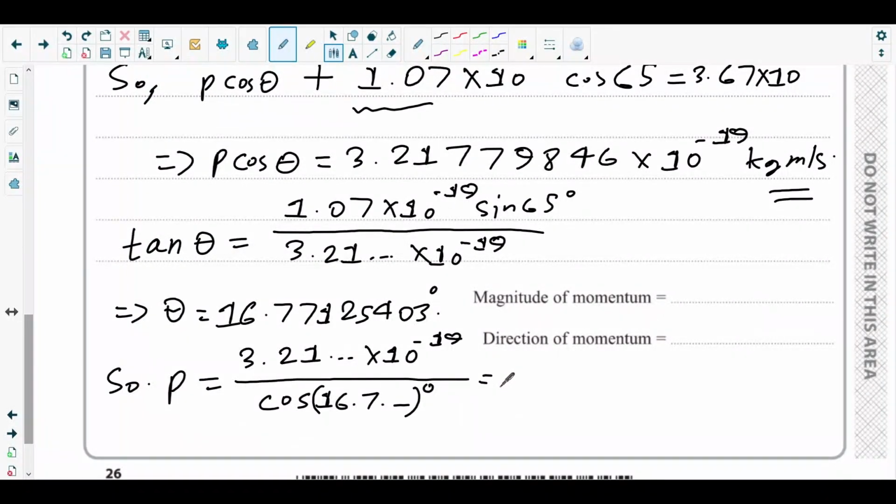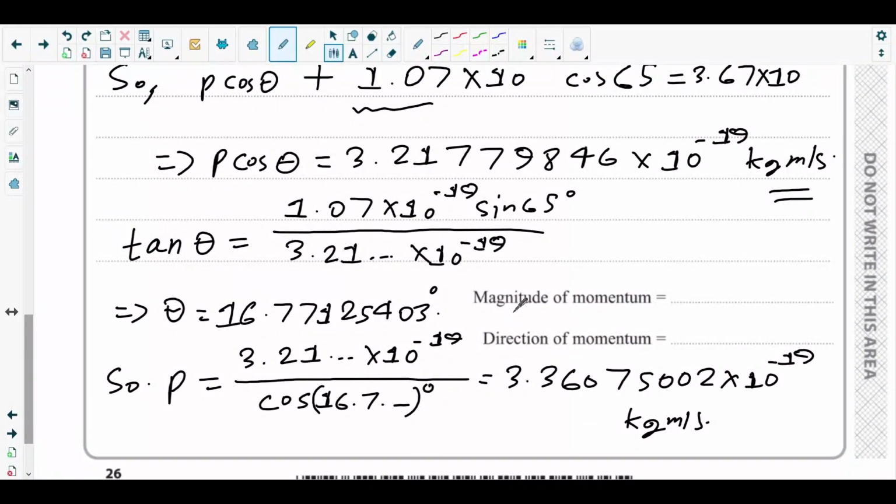If you do so, cos of the answer, it was saved in my calculator, and then in the numerator 3.21779846 times 10 inverse 19 over the answer cos theta. So that would give you 3.36075002 times 10 inverse 19 kg meter per second.